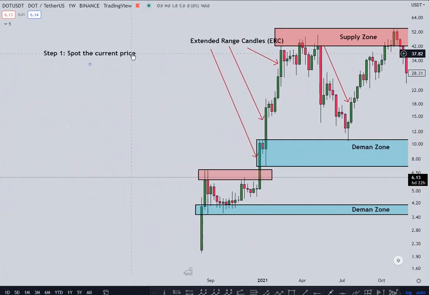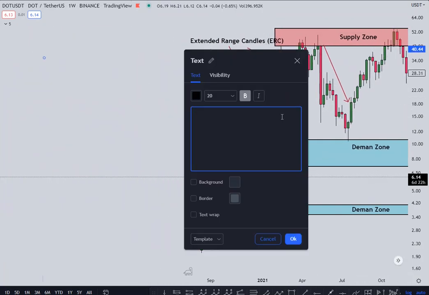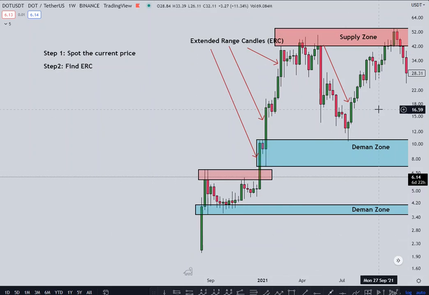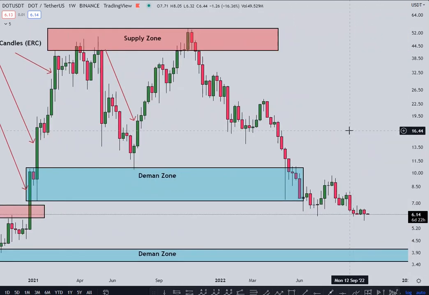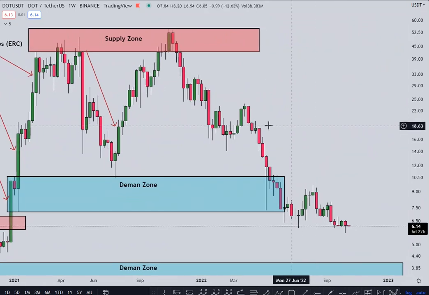Step 2 is find ERC candles, so extended range candles. After we take a look at the left side, we are looking for extended range candles.